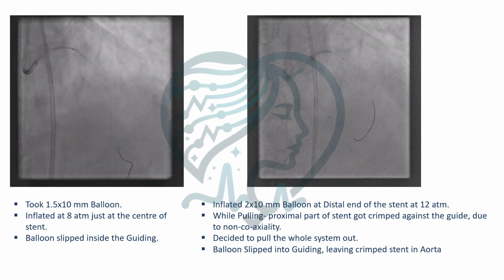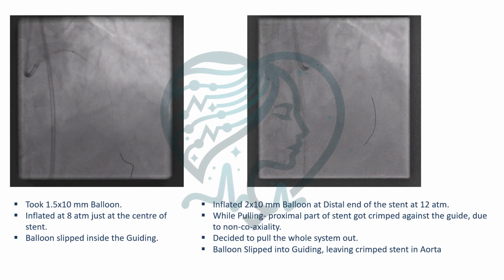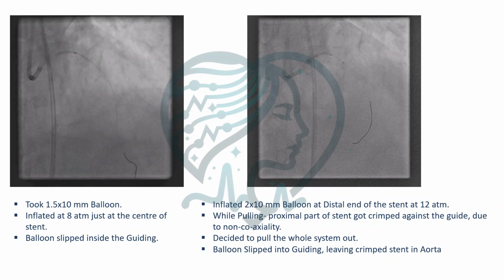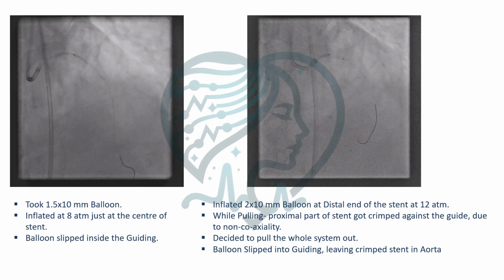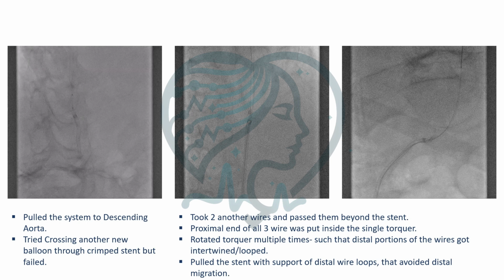Now, while attempting anything, I could lose the stent, which could embolize to the cerebral circulation. To avoid it, I used the natural flow of the aorta and pulled the system slowly into the descending aorta, and then I tried crossing another new balloon. However, it could not cross through the crimped stent.